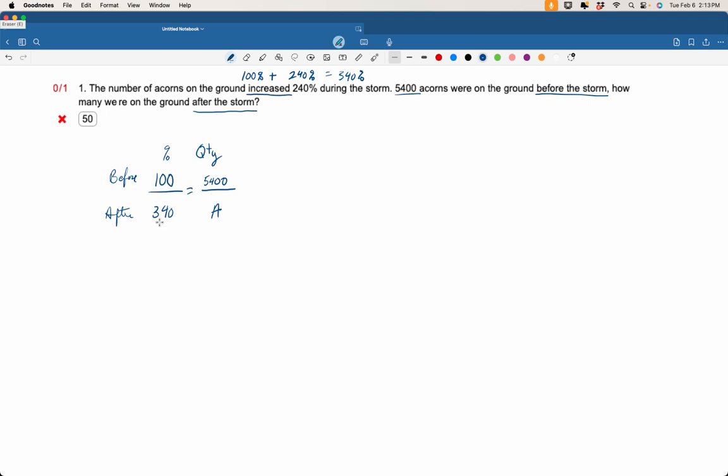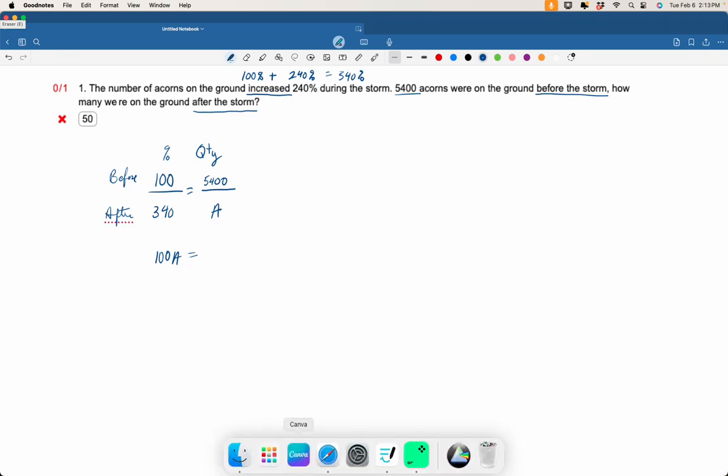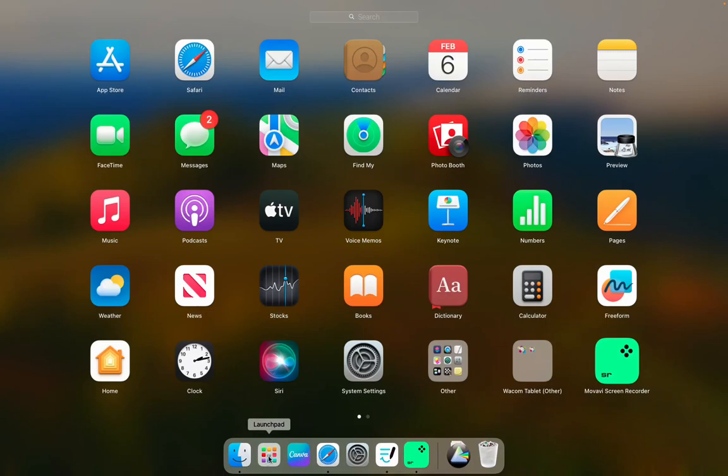Now I'm assuming, because a lot of students had the same problem, that it was the addition of the 240% to the 100% is where you probably got stuck, because a lot of students put 240 down here instead of 340. So when we cross multiply, we get 100A is equal to whatever 340 times 5,400 is.